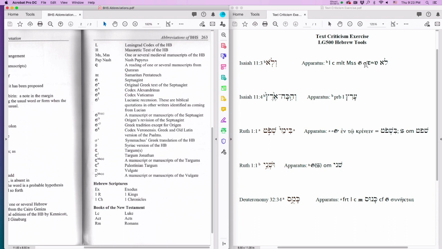The Greek S, Symmachus. T, Targum manuscript, and V, Vulgate. What it's telling you is that all kinds of witnesses, instead of reading velo, just read the equivalent of lo. Okay, not terribly exciting.